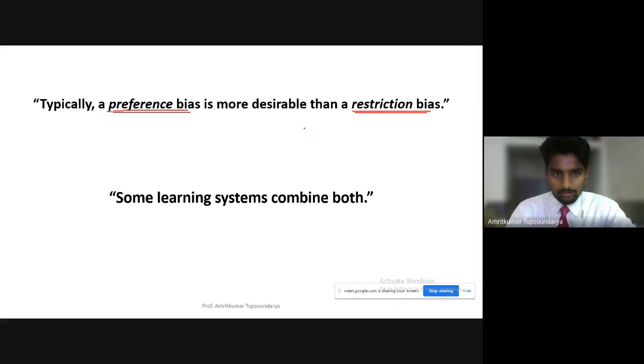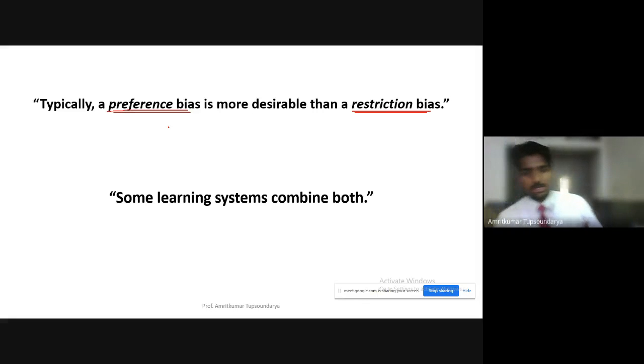Now, the reason being, in simple terms, the preference bias will give you, from the set of hypotheses, the important hypotheses, the ones which can define the majority of the whole training data set, right? So it gives you the preference that first you process these types of hypotheses, and then you go for the less essential hypotheses.